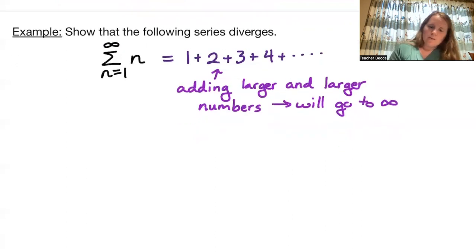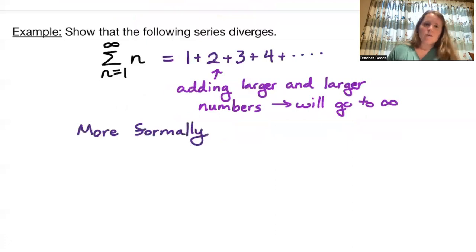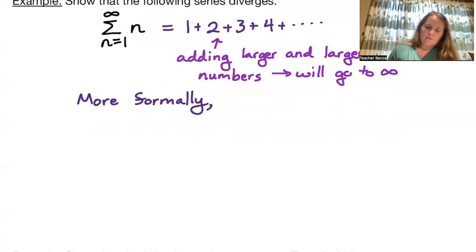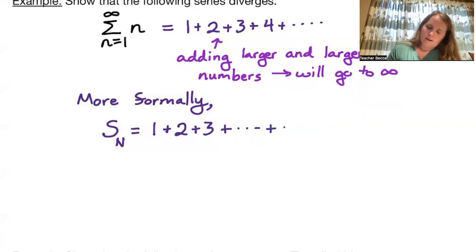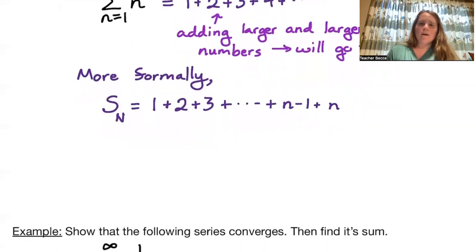So more formally, if we want to take our partial sums, S sub n is the sum 1 plus 2 plus 3 plus, we keep going, up to n minus 1 plus n. We can pull a little trick here.